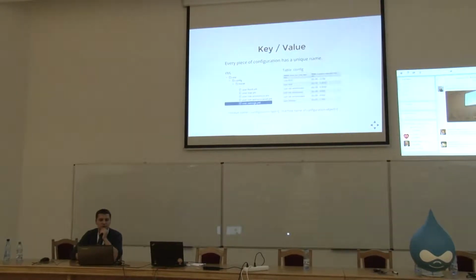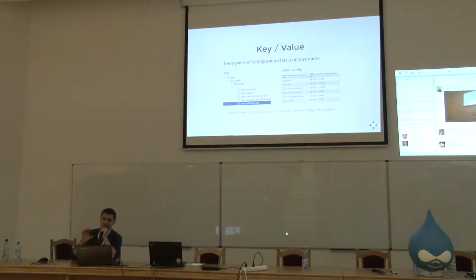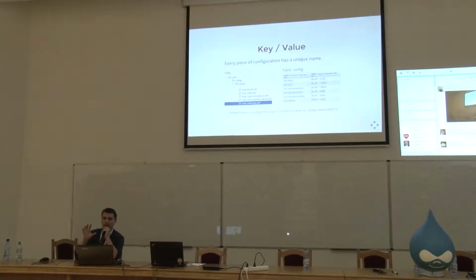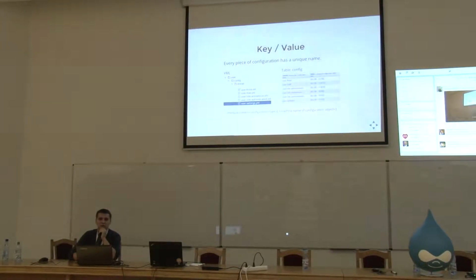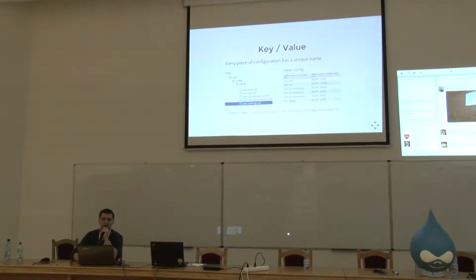When we talk about configurations or configuration objects, we refer to configuration which is in YAML files or in the database. Key value means the key, in the case of the YAML file, is the name of the file.